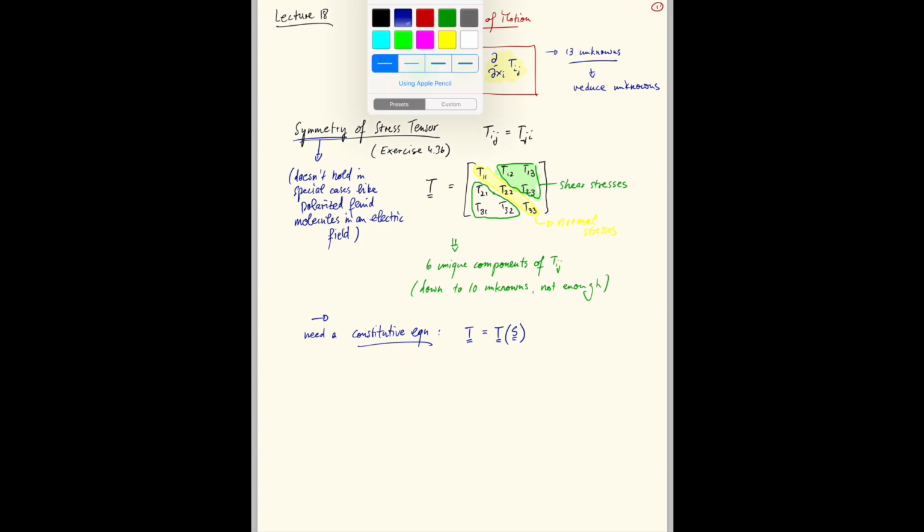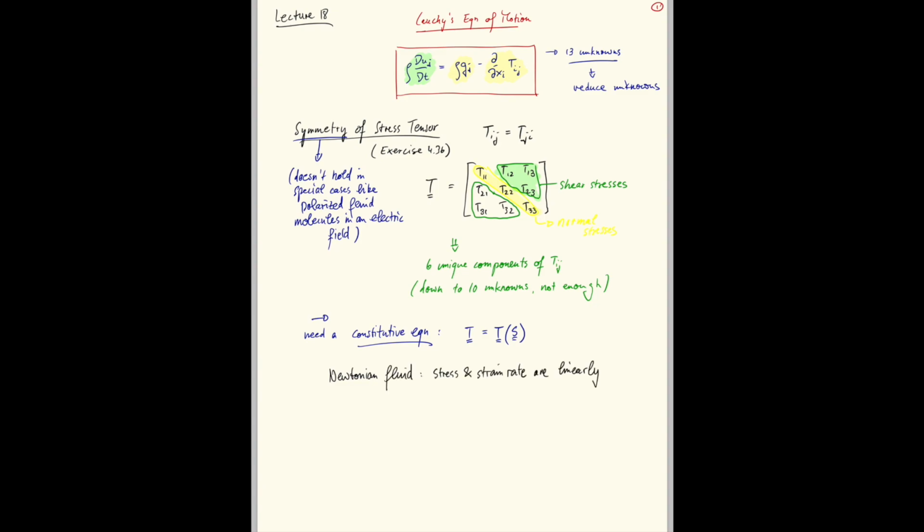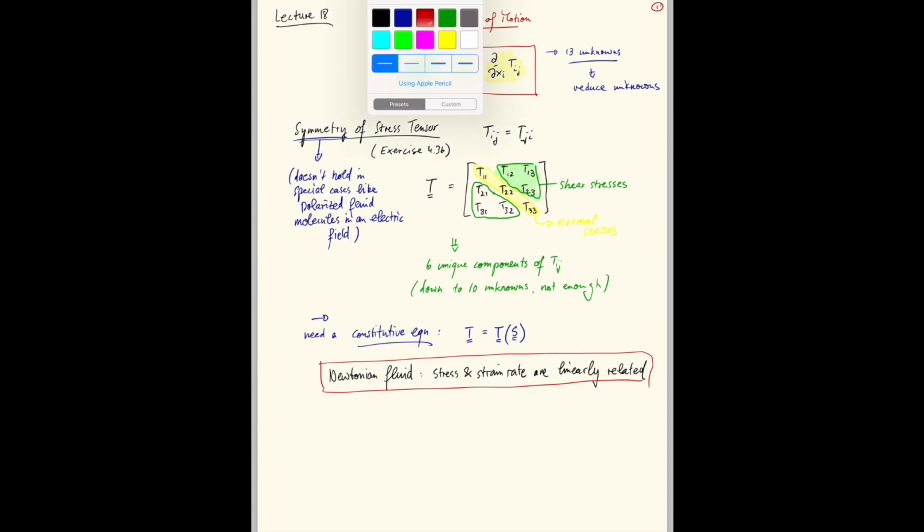A Newtonian fluid is defined such that the stress and strain rates are linearly related. So we can consider 2 cases. First, in a static fluid, there's only normal stresses and there's no shear, so we only have compression.